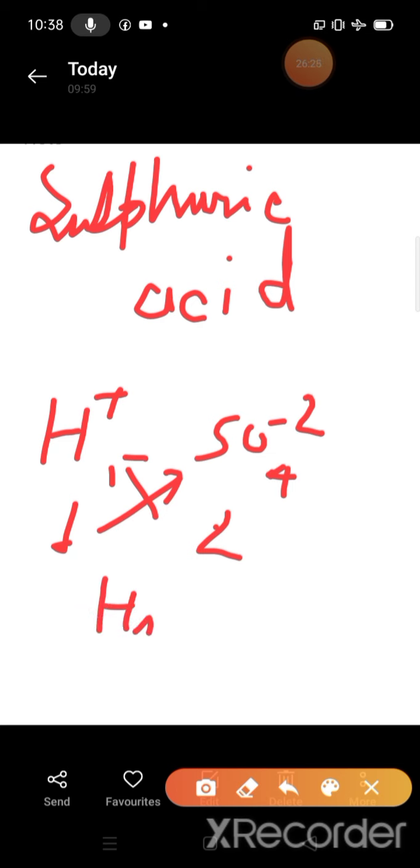Next one, hypochlorous acid. Acid means H positive.